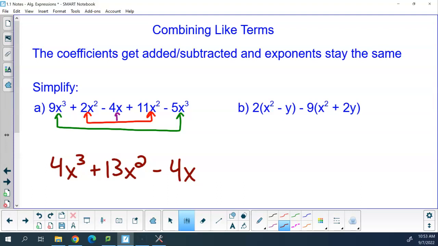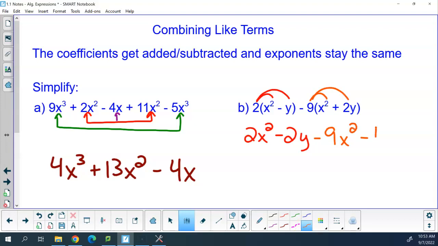Okay? On this next one, first we have to do our distribution. So this becomes 2x squared minus 2y. This one becomes negative 9x squared minus 18y.